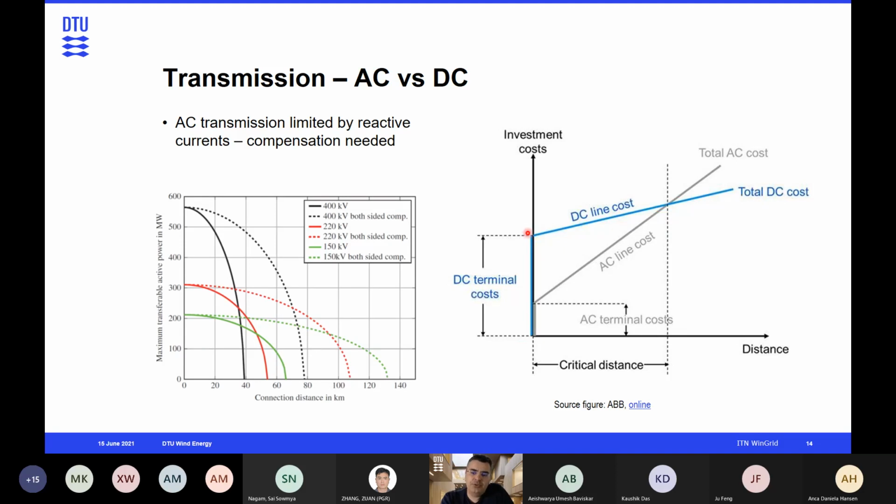But then the operating costs are much lower because losses are very small in a DC environment. And then we reach a point where this changes. That distance today, I think, is anywhere between 60 to 80 kilometers or even more, depending on different things. But there is a gray area where it's not very clear whether AC is more expensive than DC.